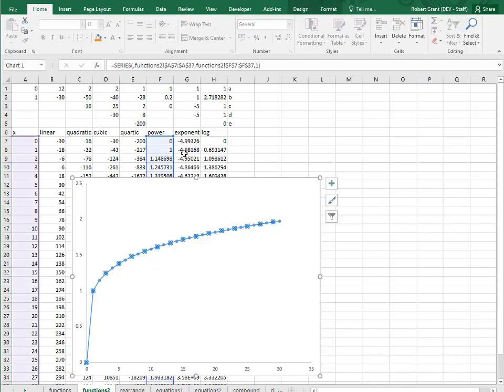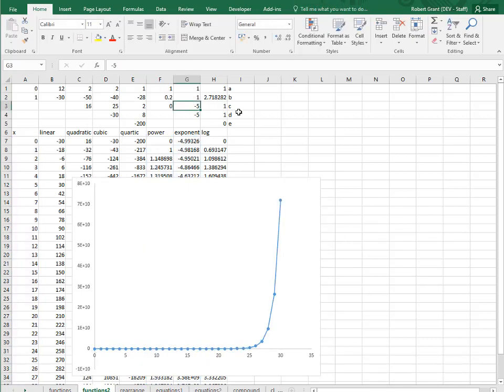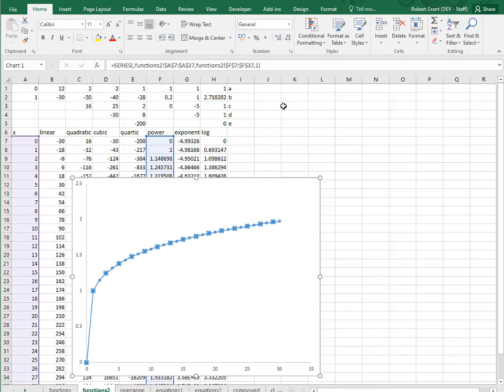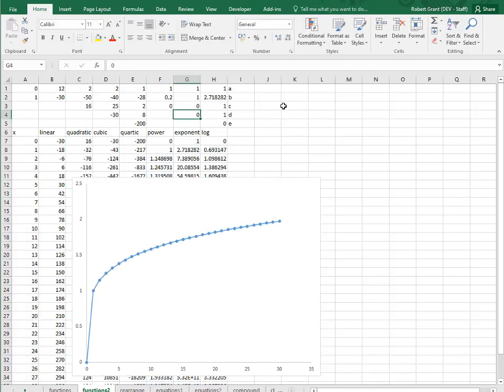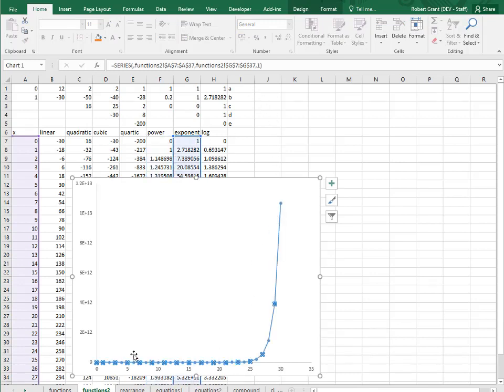Okay, the reason we're not seeing anything is that we're still graphing the power. Okay, yes, that's better. Restore what we had before. Gosh. Okay, so that's the exponent.